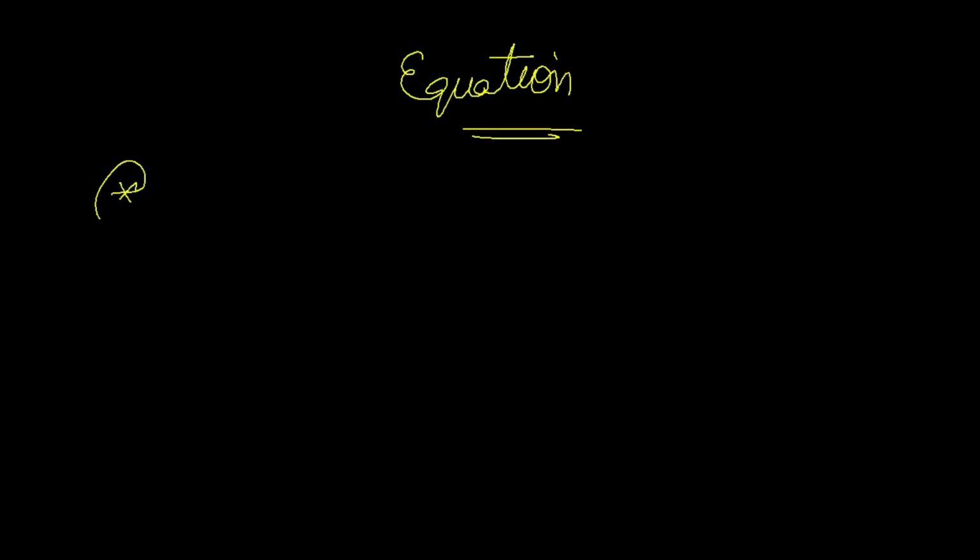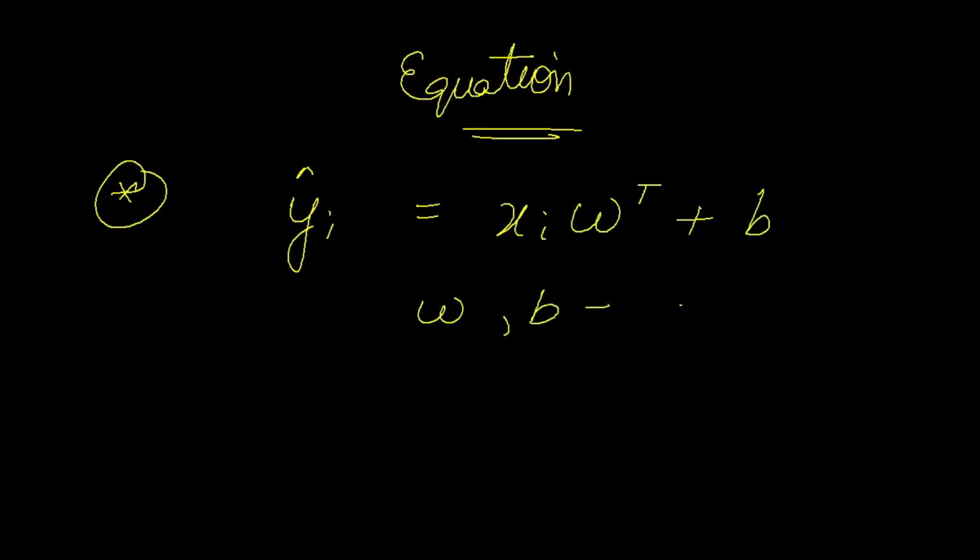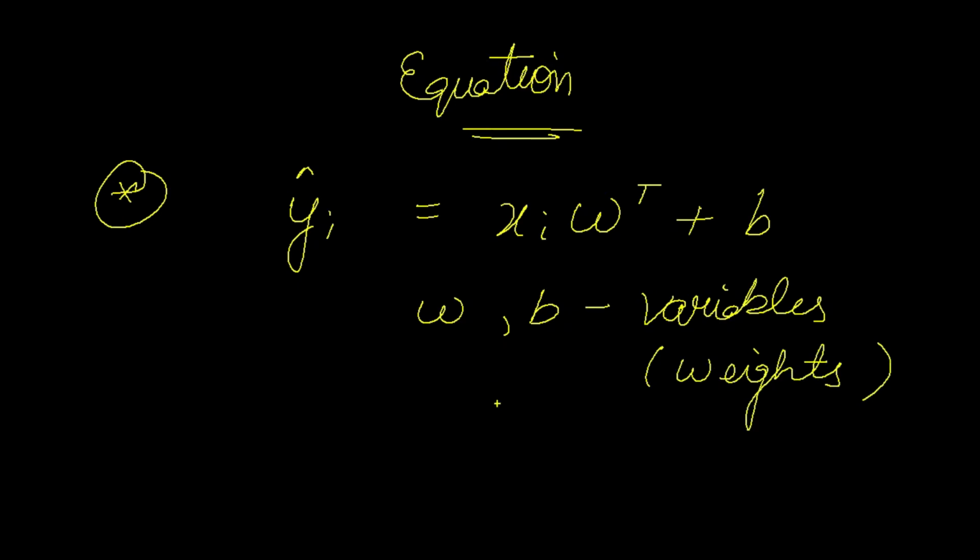The first one is yi hat. This is the first equation we have learned in this topic. That is yi hat equals xi wT plus b, where w and b are variables, or we can say weights. They both are vectors.